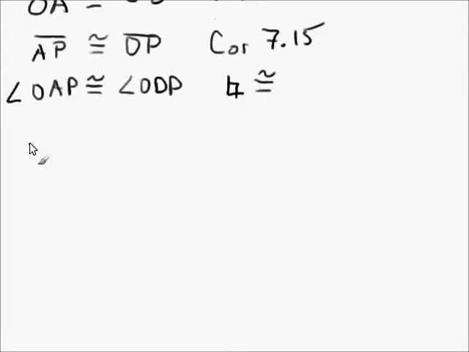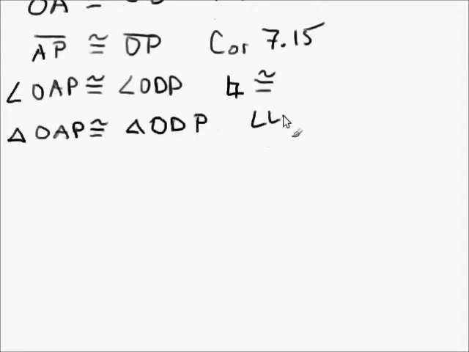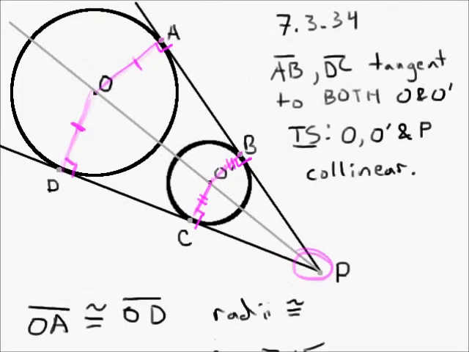That means that triangle OAP is congruent to triangle ODP, and that's by the leg-leg congruency. We have two legs, OA, AP, OD, DP, two legs congruent. The two triangles are congruent. That's good for us.